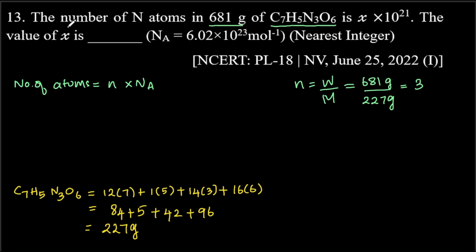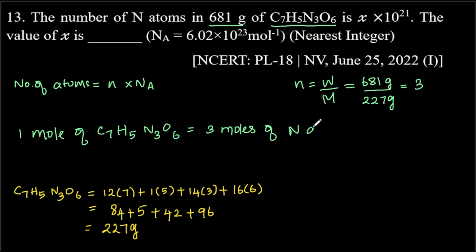But in question, we are asked to find the number of nitrogen atoms alone. So in this compound, 1 mole of C7H5N3O6 contains how many nitrogen atoms? 3 nitrogen atoms are there. Therefore, 1 mole of this compound contains 3 moles of nitrogen atoms.